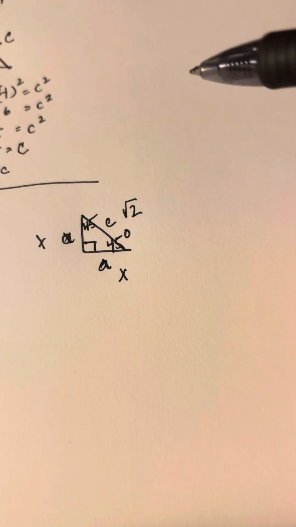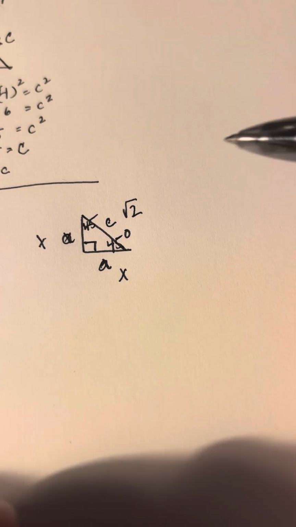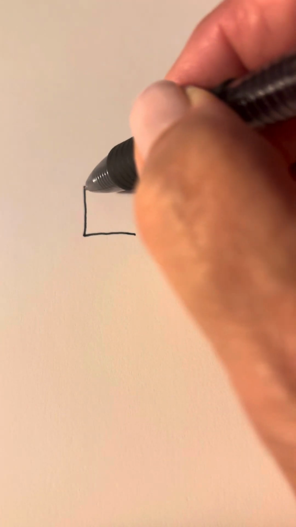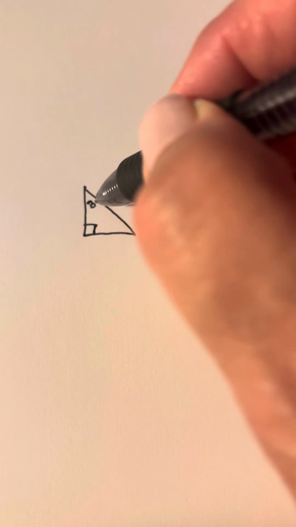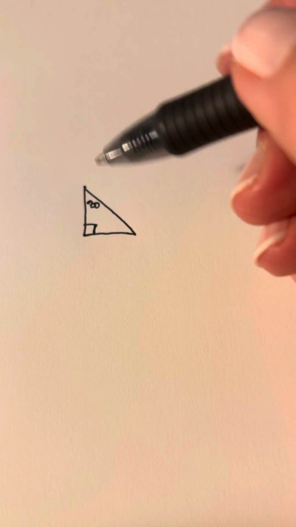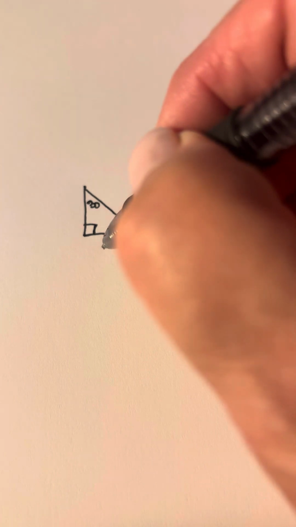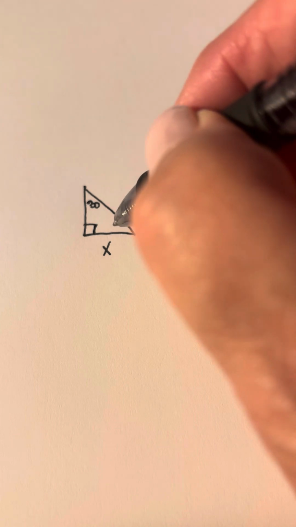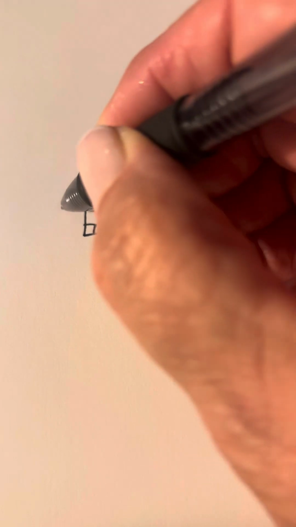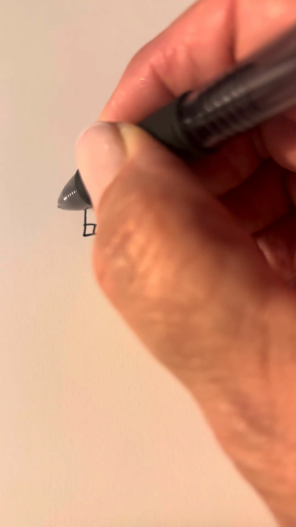And then there's the 30, 60, 90 triangle, which is the traditional triangle that I see most of the time. That means that across from the 30-degree angle would be X. Across from the 60-degree angle would be X times the square root of 3.